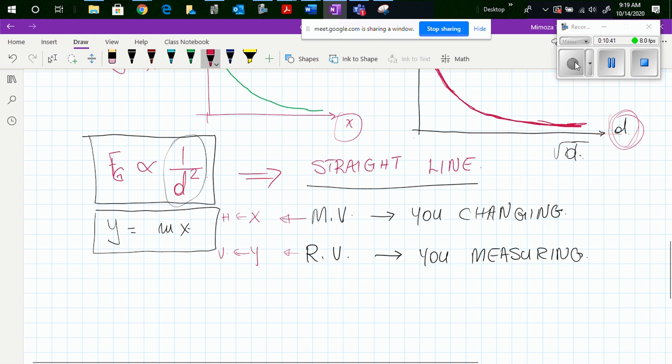It is squared and then it is inversed. Therefore, your new manipulated horizontal axis will reflect this mathematical manipulation. So what you have to do in order to straighten a graph will be making the horizontal axis 1 over d squared.